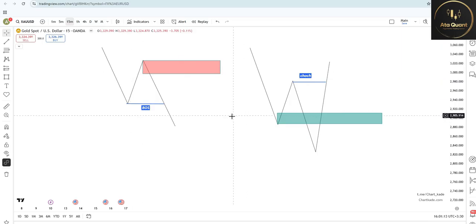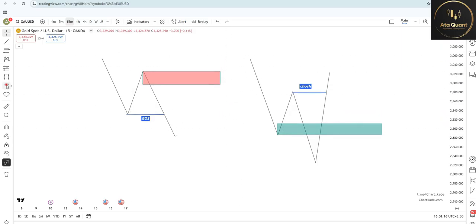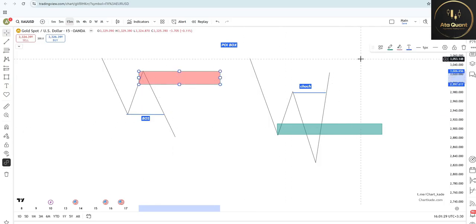So the POI Box tool is a tool that is supposed to tell you during a continuation move where you should trade and where the reason for a corrective reversal is. Now, as long as you master how to trade BOS and how to trade CHoCH, the direction is not important for you to be clear about.